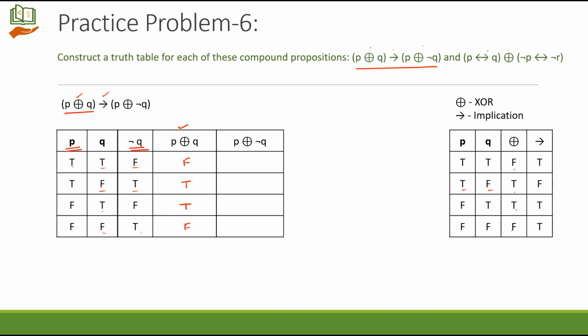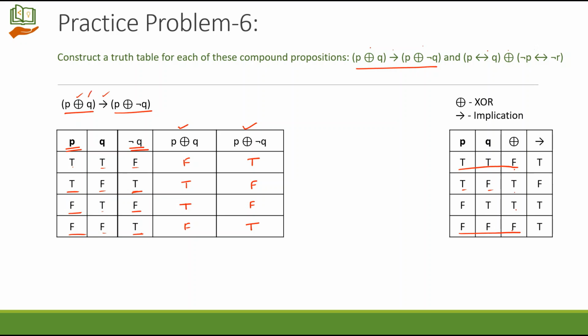T and F will give you T. T and T will give you false. F and F will again give you false. F and T will give you true. So we have found P exclusive OR with negation of Q.